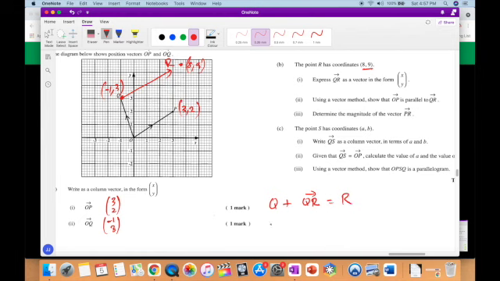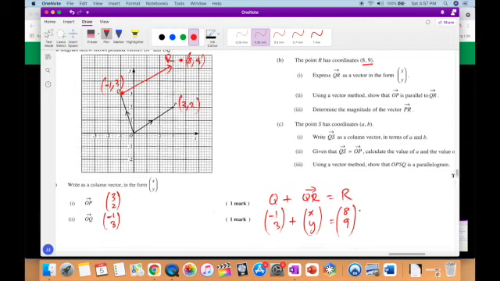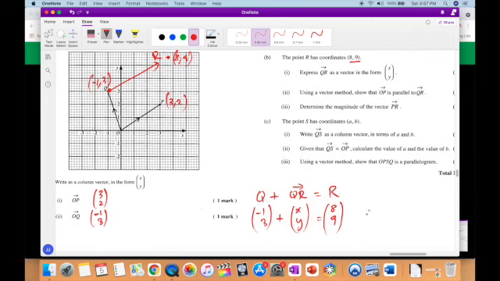The point Q is (negative 1, 3) plus the vector QR, which is (x, y), will give me the point R, (8, 9). So you can see here, if I throw across the negative 1, therefore X is 8 plus 1, which is 9.